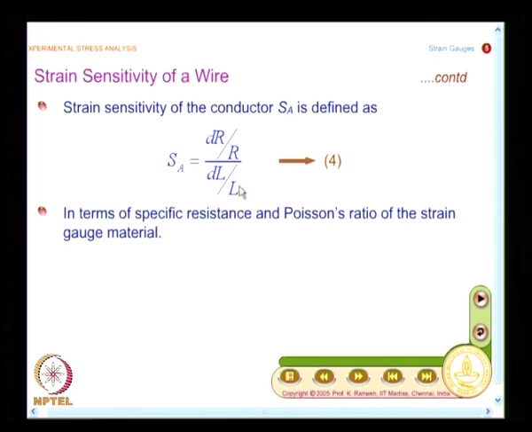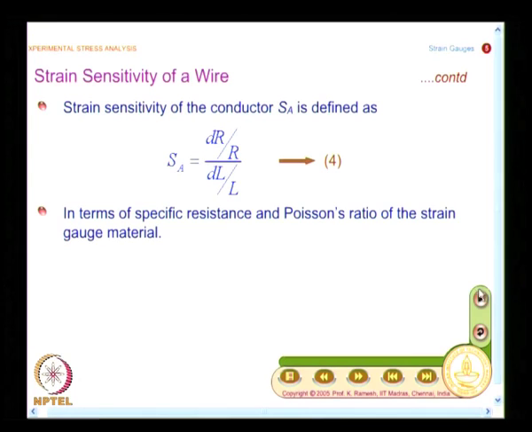So, if I am going to have a strain and S A is around 2, you are going to measure changes in resistance of the order of micro ohms. So, you are really looking at very small changes, never forget that.